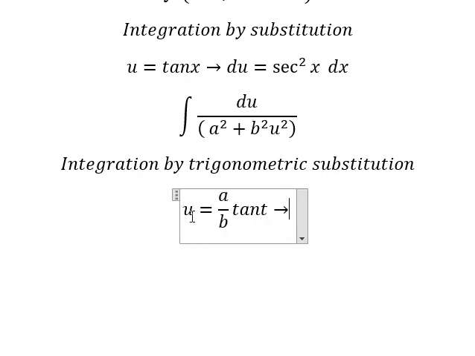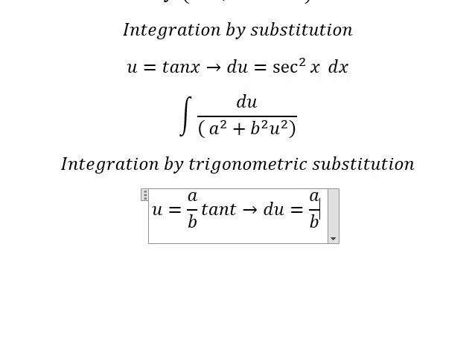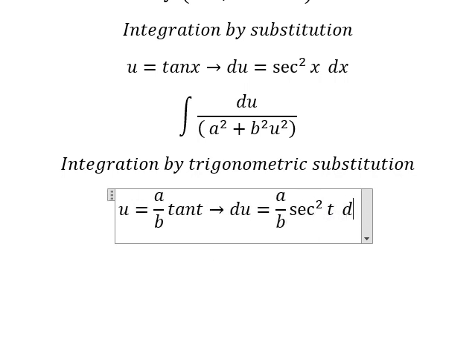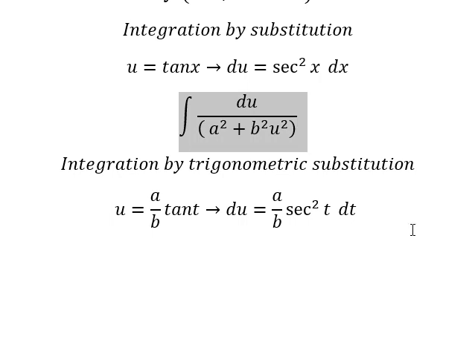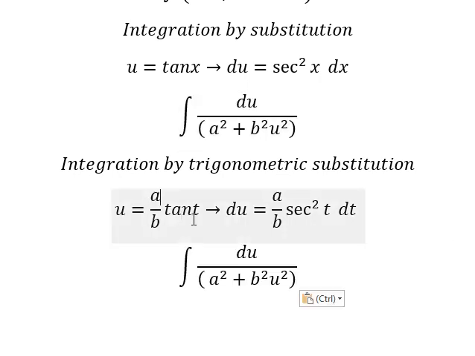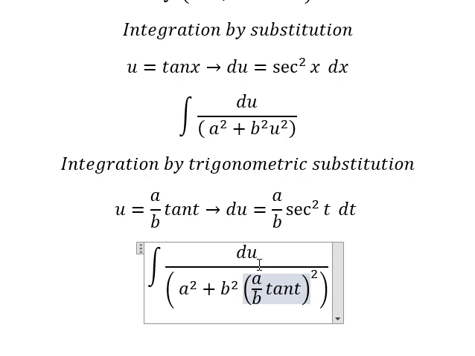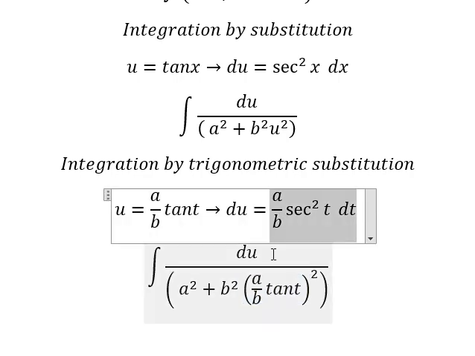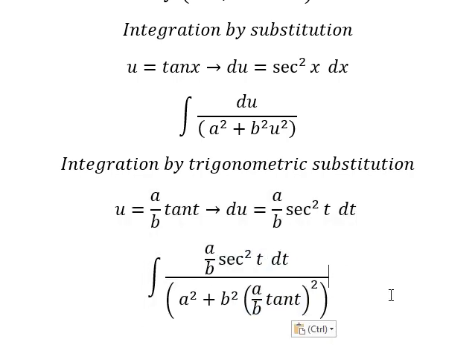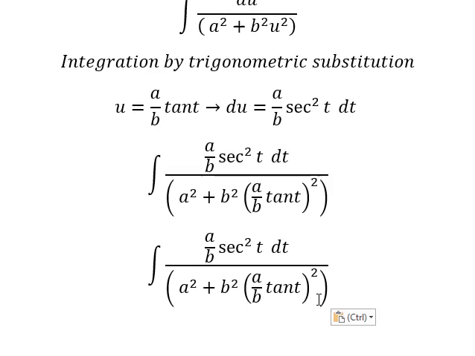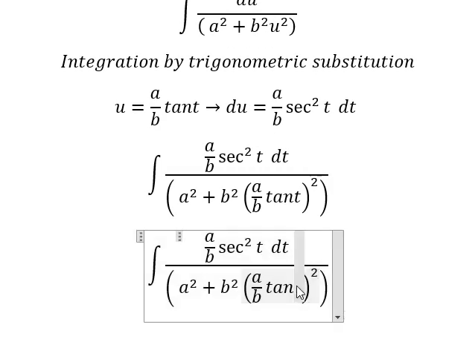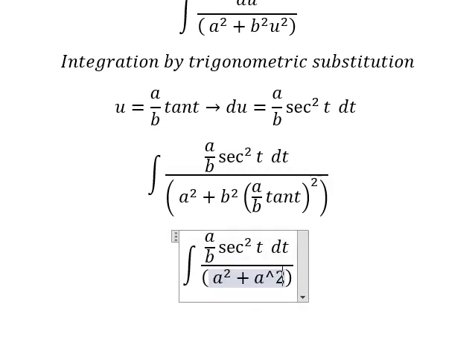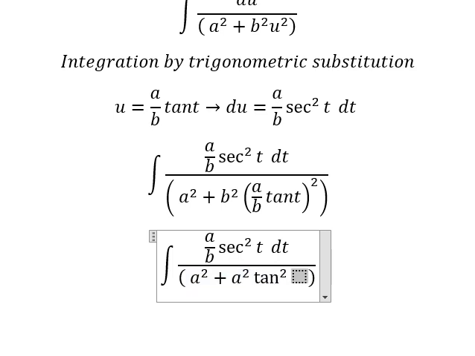Now we need to take the first derivative of both sides, and we have it like this. Now I will put this one in here. Du we change to this one. So this one we simplify, and we have a square tan t square.